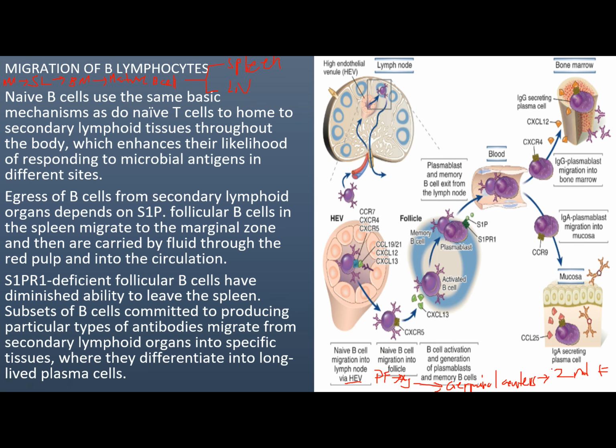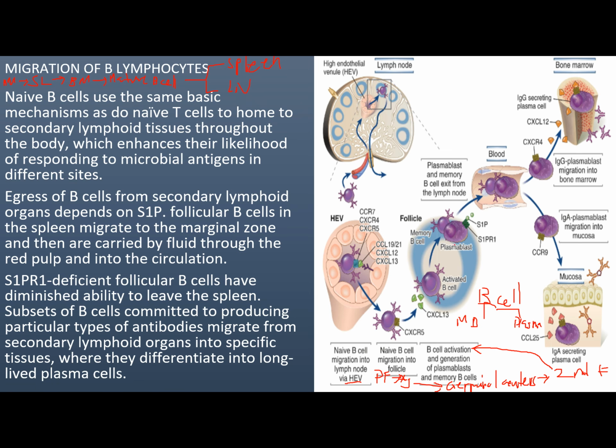Now, the secondary follicle will cause the B cell activation. As mentioned in the previous module, your B cell would either become a memory B cell or a plasma cell. If it becomes a plasma cell, it would first become a plasmablast, or it could become a memory B cell.